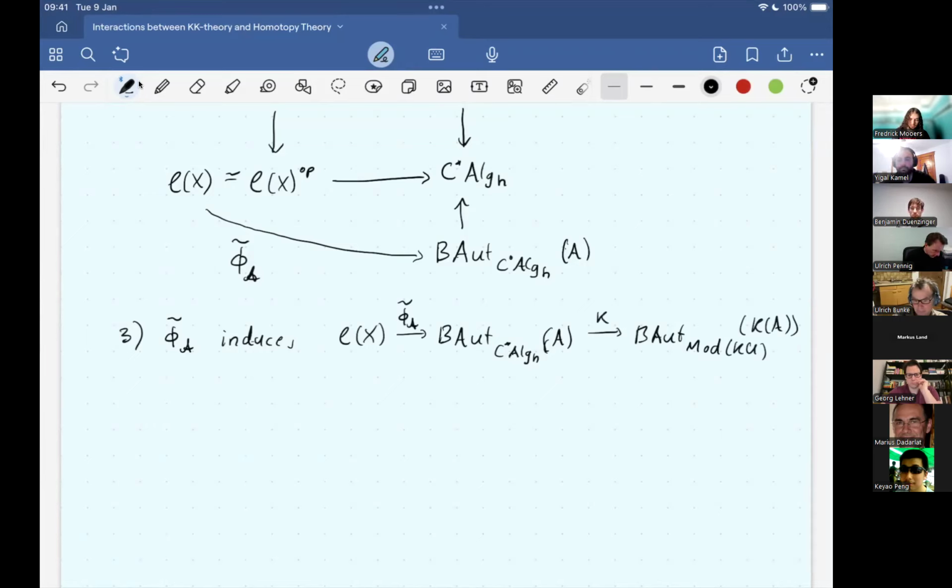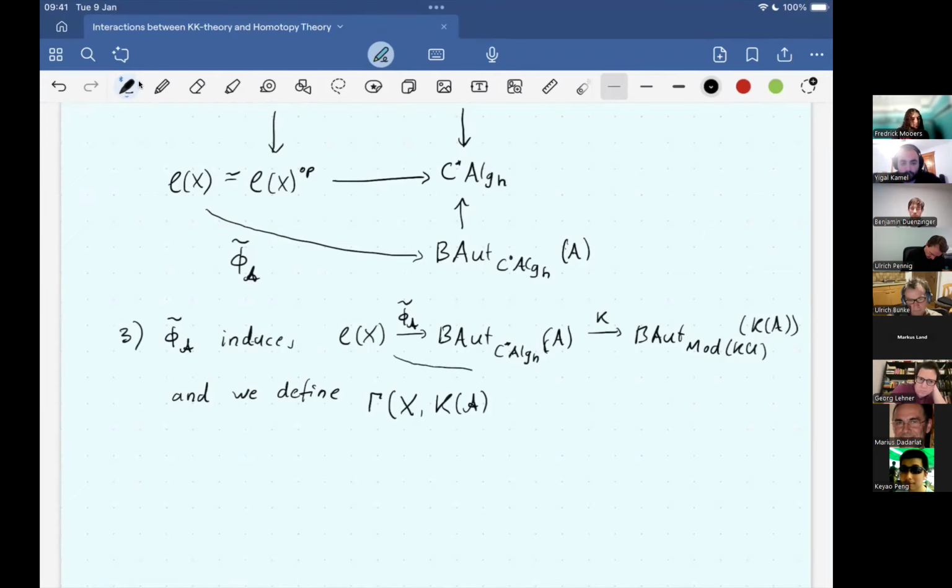And now I can define the global sections. So this is gamma of X. Oh yeah, maybe I should give this a name.